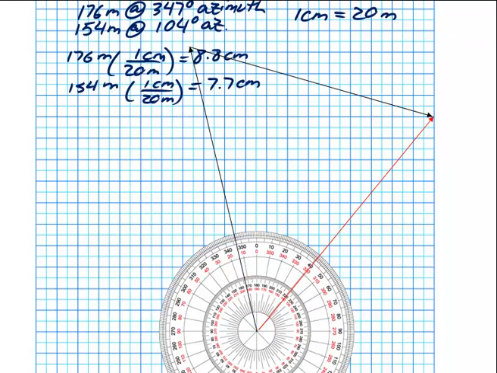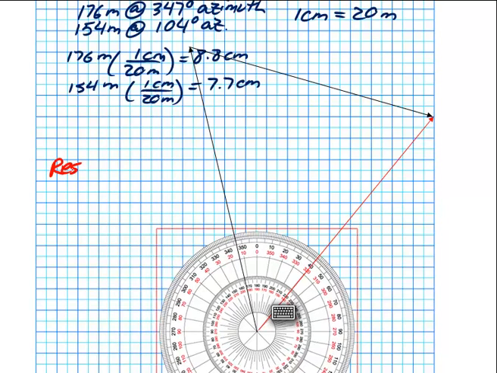Moving the protractor into place, I see that the resultant vector is at an azimuth of 40 degrees, and laying down the ruler, I see that this vector is about 8.4 centimeters long.